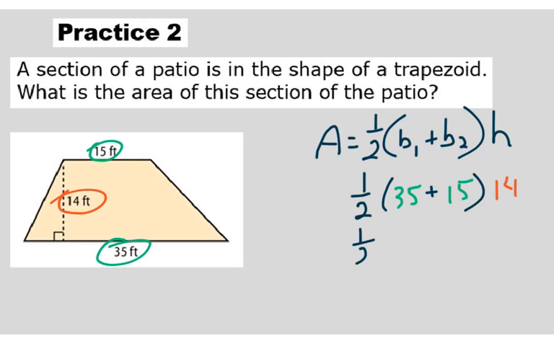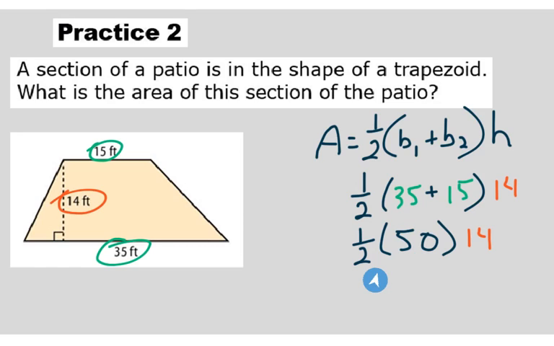All right, so inside the parentheses then we have 1/2 of 50 and then times 14. Now, you could actually do this in any order based on the associative property of multiplication. You could find half of 50 and then multiply times 14.